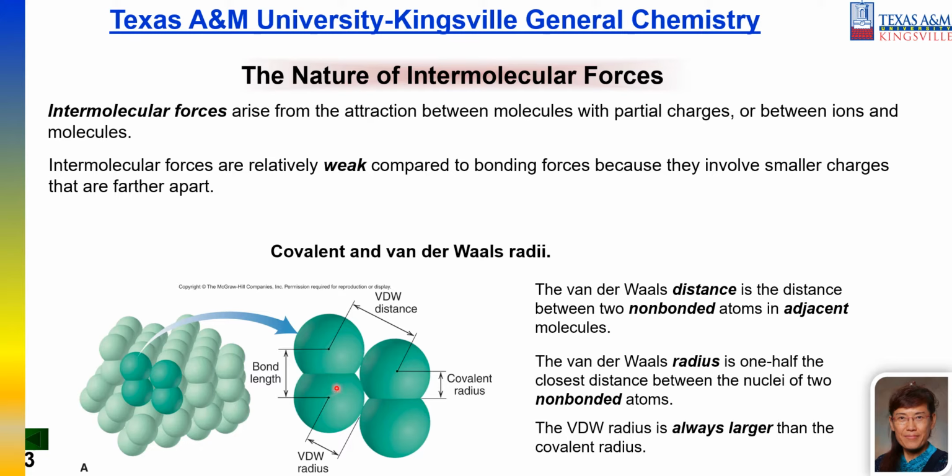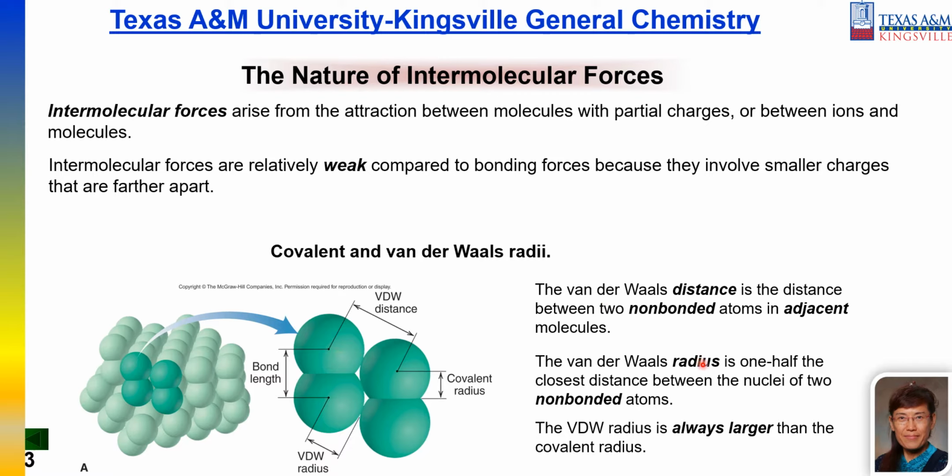Imagine this nucleus. The distance to the outer layer of the shared electrons is called the covalent radius. Between molecules, the distance from the nucleus to the sphere of the atom is called the van der Waals radius. The distance between two non-bonded nuclei is the van der Waals distance.